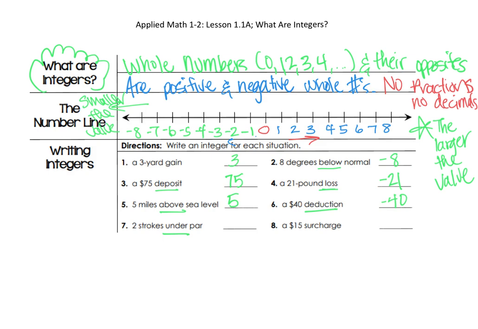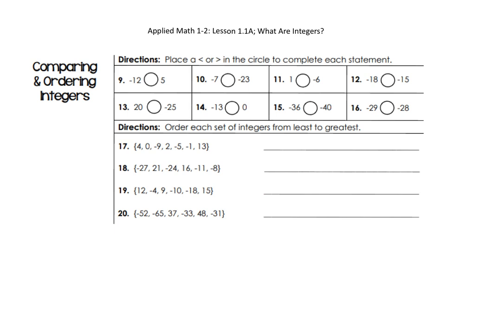Now, being under par, I believe, is a good thing in golf, but it does mean going down or losing, so we are going to say -2. And a $15 surcharge. A surcharge is like an extra charge on top of what you're already paying, so that would be a +15.